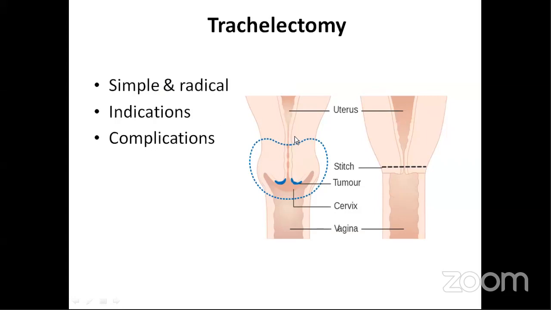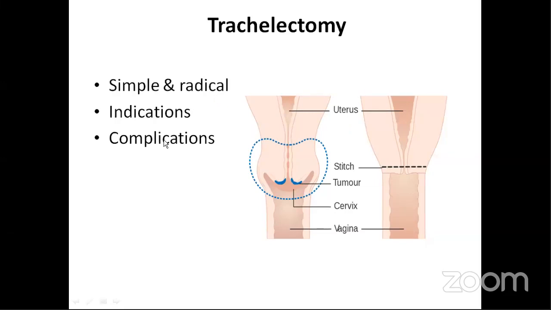Radical is when, along with this procedure, we remove or excise a part of the cardinal ligaments and the uterosacral ligaments, depending on the involvement. For stage 1A1 we go for simple trachelectomy. Radical trachelectomy, when there is an evident lesion and also lymphovascular space invasion, we go in for radical trachelectomy.